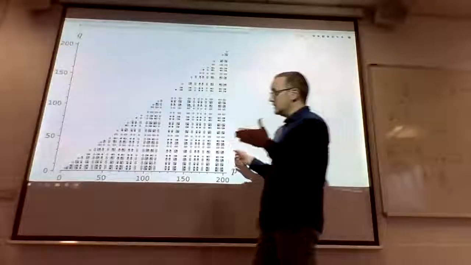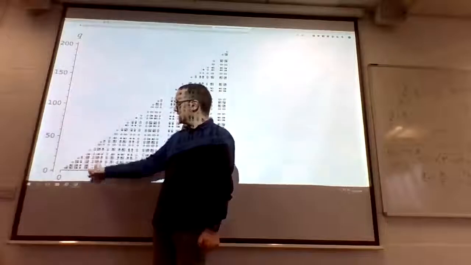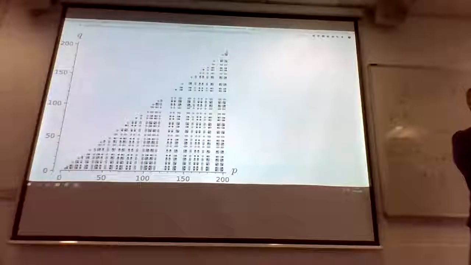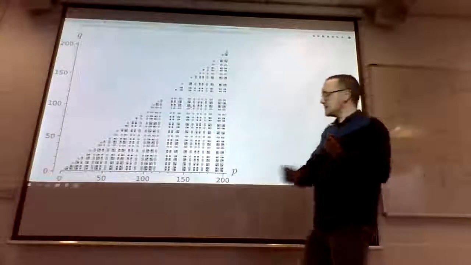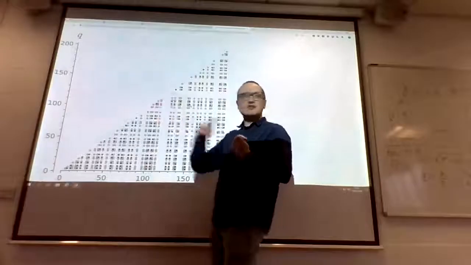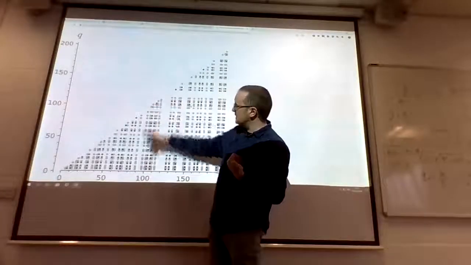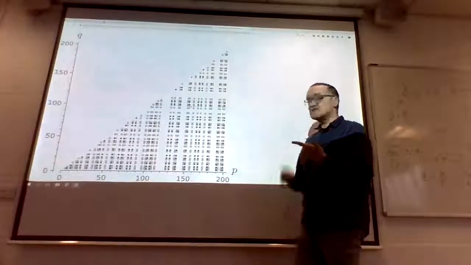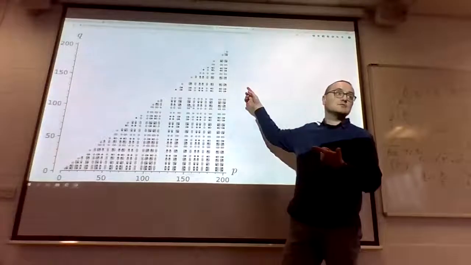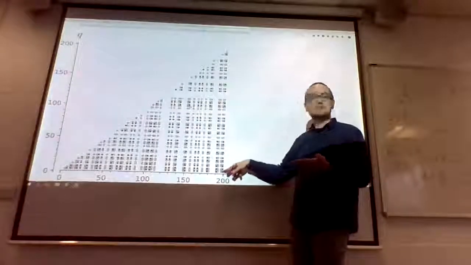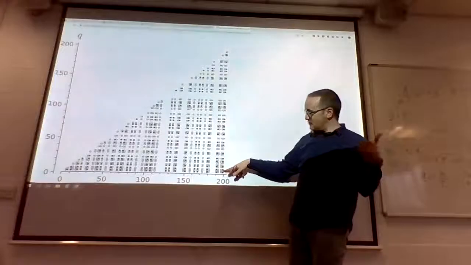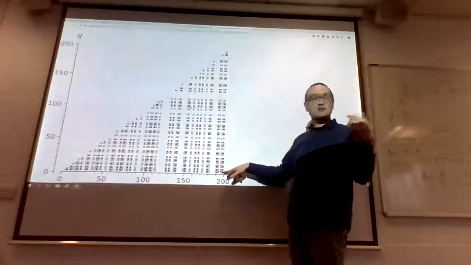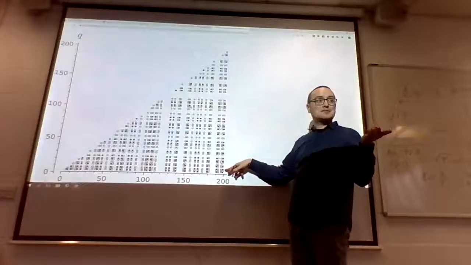Now, when you look at where the columns are positioned, you'll notice that the column is all white at every position that's congruent to 1 mod 4. So if the p is congruent to 1 mod 4, it's an all white column. If the p is congruent to 3 mod 4, it's a mixture column. Within the mixture column, you've got half white, half black: white at the positions congruent to 1 mod 4, black at the positions congruent to 3 mod 4.